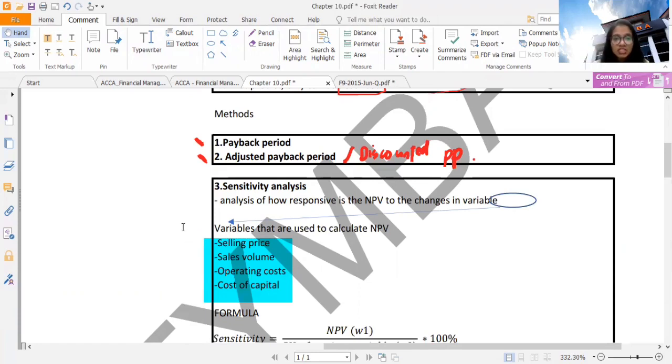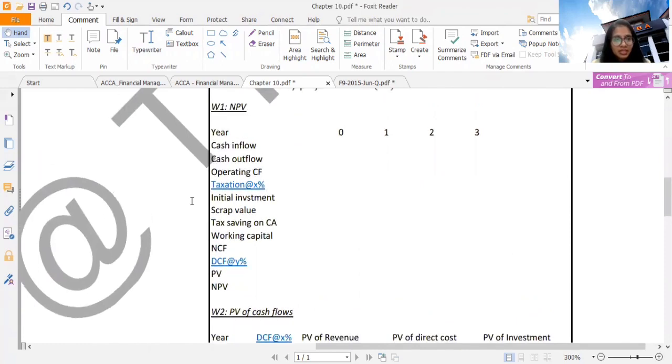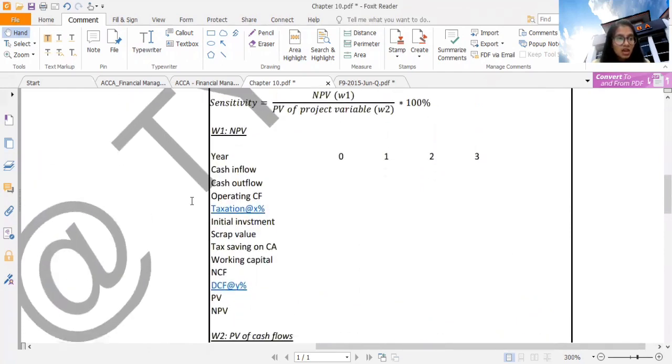But guys, just for your information, remember when we calculate NPV, what was our cash flow? So what were the items or the variables that were used in your NPV calculation? It was all this: your cash inflow, which is your sales, cash outflow, variable cost, fixed cost, and then you have operating cash flow, tax percentage, initial investment, scrap value, tax saving, working capital, and discount factor.